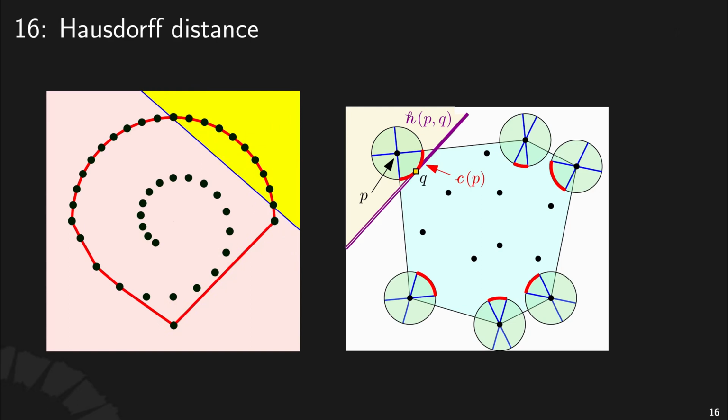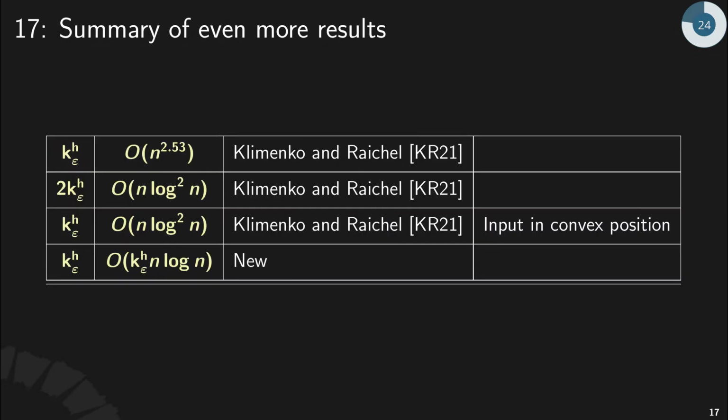And what we can show is that we can compute the optimal such subset. And again, we can do this in near linear time. So we get the following result for the Hausdorff distance. The previous results were by Klimenko and Reichel, and now we get a similar result to what we had for the kernel version.